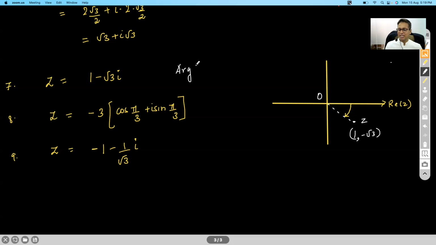Now, what is the full value of this argument? Negative is the sign. And what is the magnitude here? Now, see, if you make a small triangle here, this will be very obvious that since it is 1 comma root 3, you have gone 1 unit here and root 3 unit down, right? So as a triangle, its dimension will be 1 as the base here and root 3 as the opposite or perpendicular.